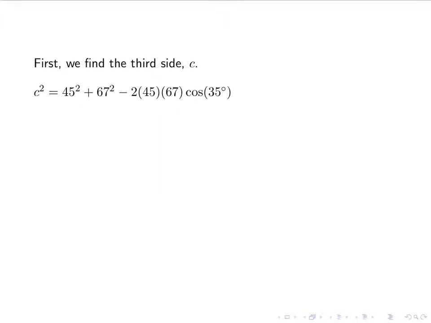So c squared equals a squared plus b squared minus 2ab cosine of C. And if I plug that all into my calculator, remembering order of operations, I'm going to get 1574.513. Use as many decimals as the calculator gives you. Don't round in the middle. Just keep using the same answer. And then c is, of course, the square root of this number, which is 39.68.